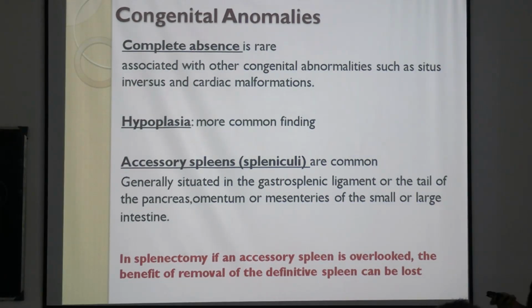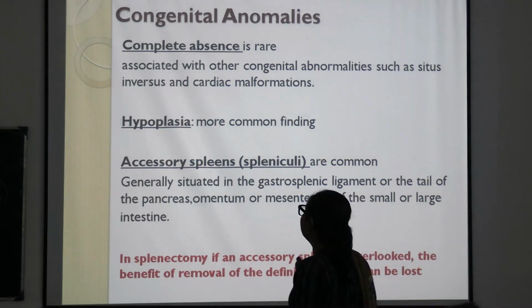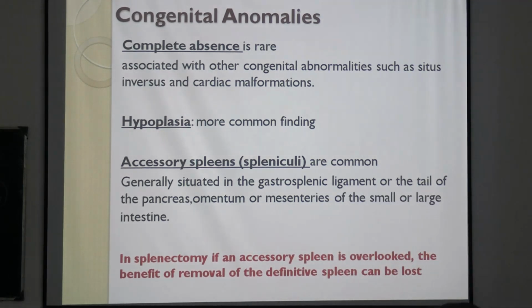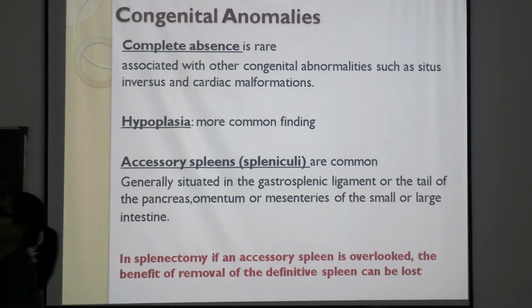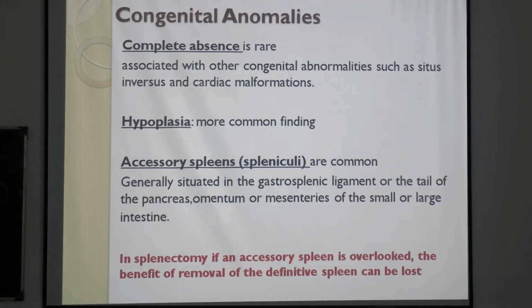Now what are the anomalies that can happen in a spleen? No need to go into details, just remember complete absence is very rare, right? You know there are certain congenital anomalies like situs inversus. You know what is situs inversus? Some organs are there on the right side, some others are there on the left side of the body normally. In some individuals, they'll swap.